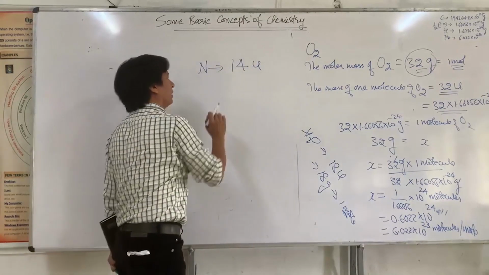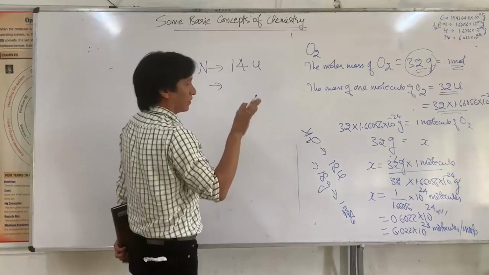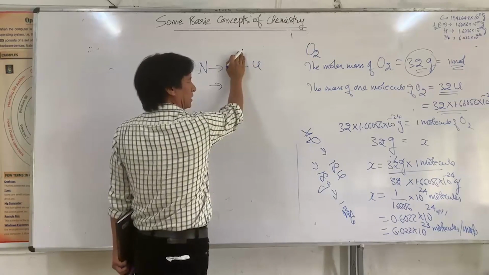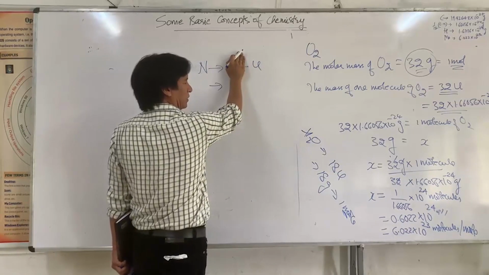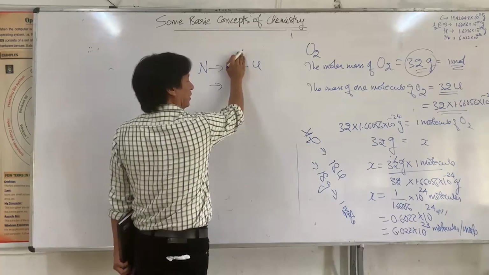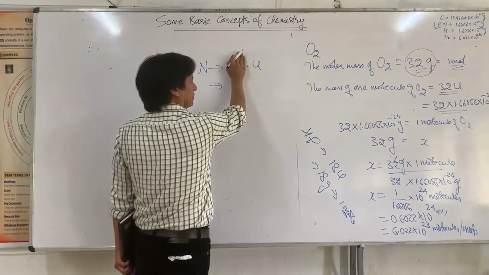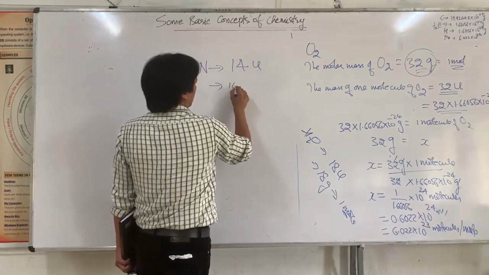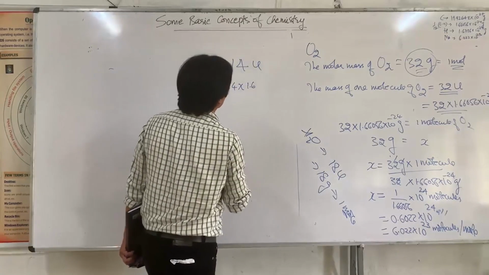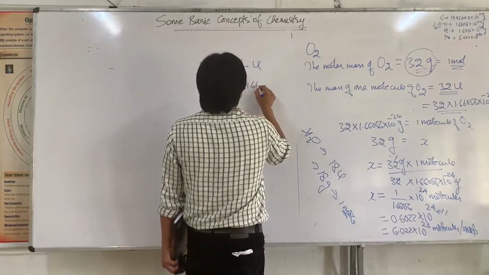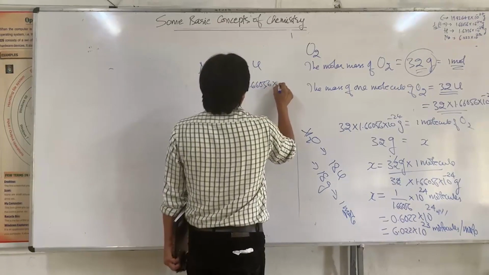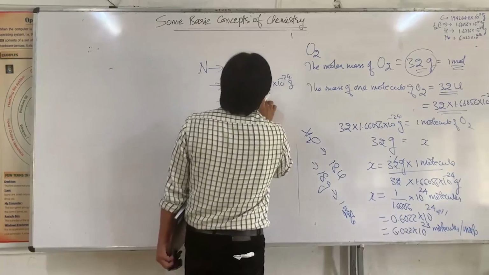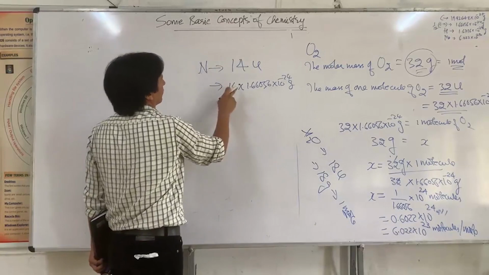This 14 means, in terms of grams, 1 unified mass, that is 1 atomic mass unit, is 1/12 the mass of an atom of carbon-12, and that has been found to be 1.66056 into 10 raised power negative 24 grams. So when you multiply this 14 by 1.66056 into 10 raised power negative 24 grams, this will give you the mass of 1 atom of nitrogen in grams.